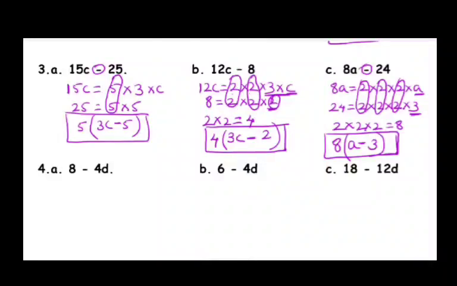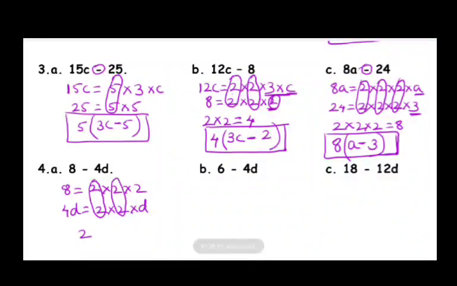Alright. Let's move on to the next one. 8 is equal to 2 into 2 into 2. 4d is made up of 2 into 2 into d. We have one set common. Write it down.